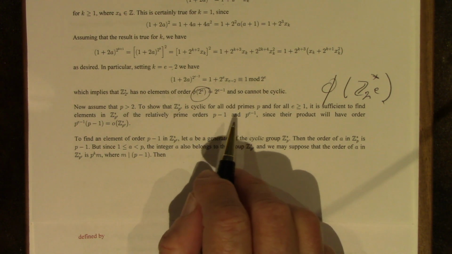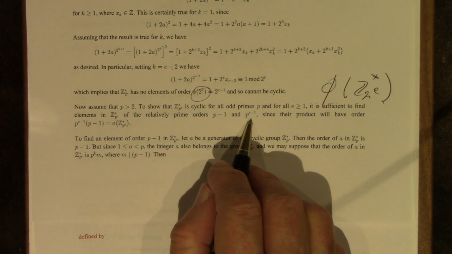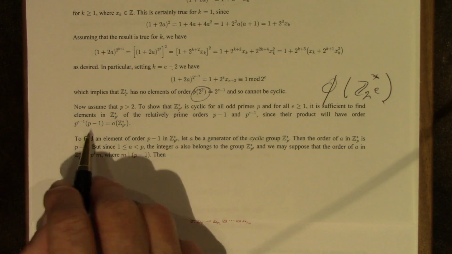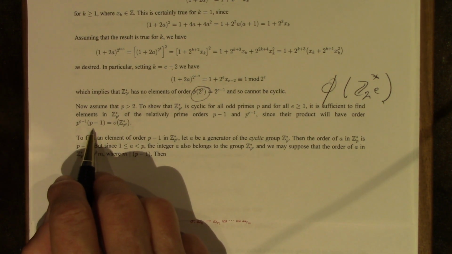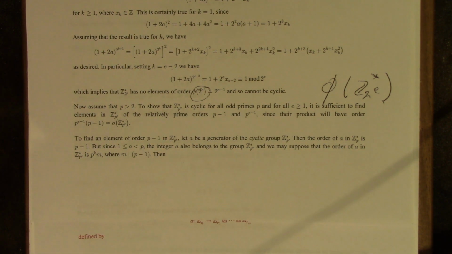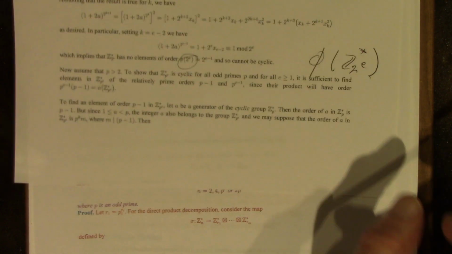Because the group is abelian, the product of those two elements will have order p to the e minus 1 times p minus 1, which is the order of the group. And we'll know that the group is cyclic because it has an element of order equal to the order of the group. So we've got two tasks ahead of us.